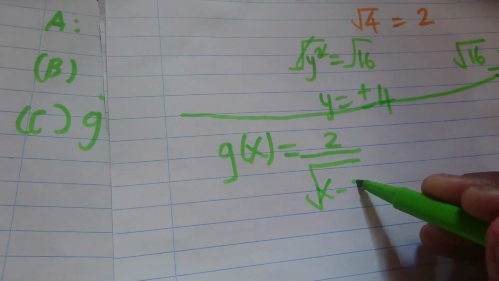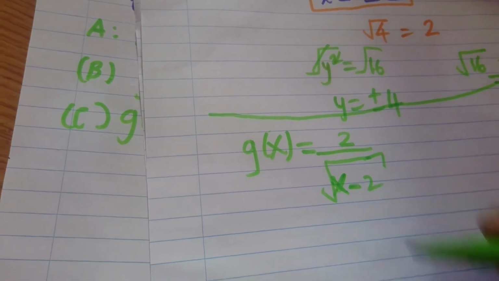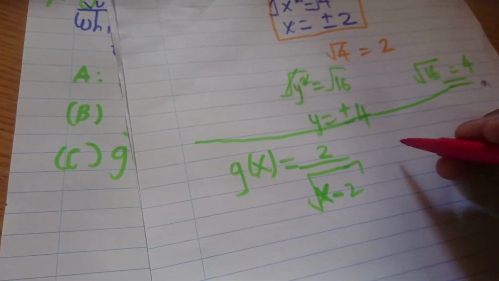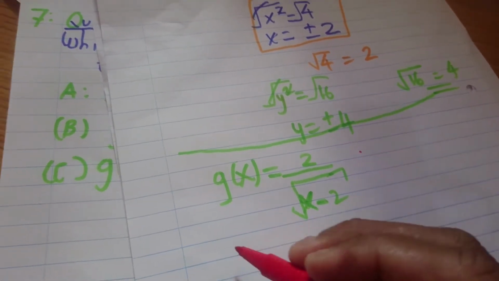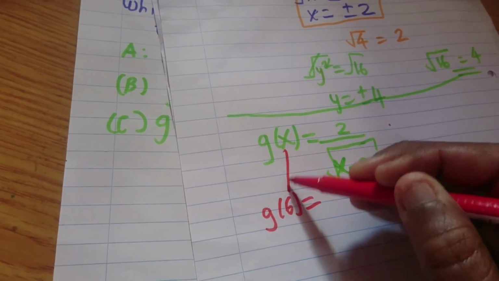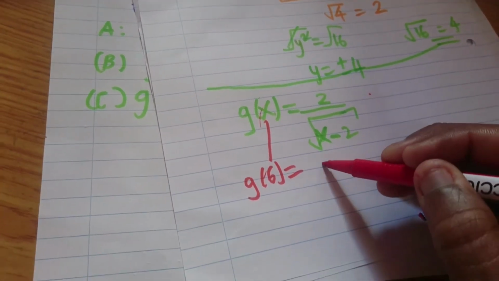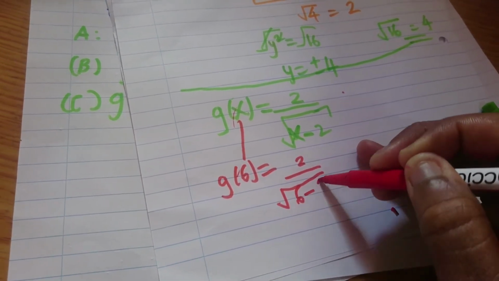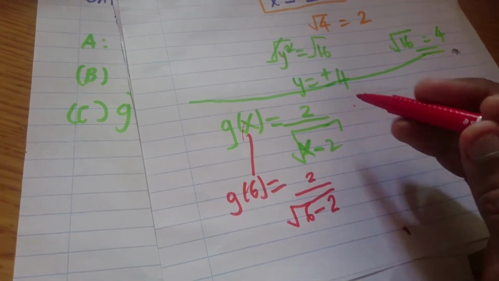So what do they want? g of 6. It means whenever there's an x, I put 6. So we have a 2, just a 2 the way it is, and this is going to be 6 minus 2 because we plug in the value of x here.